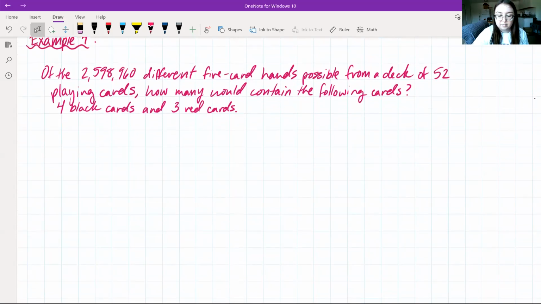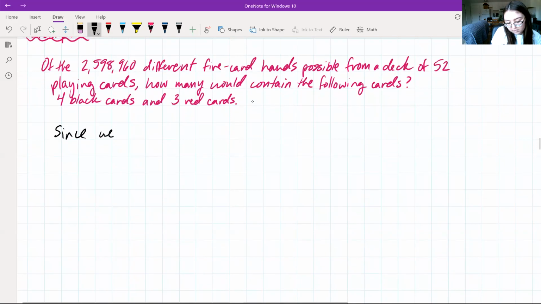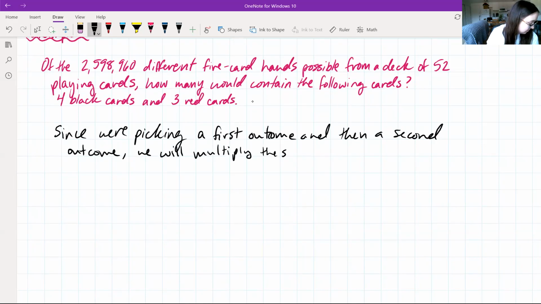So we see here, since we're picking a first outcome and then a second outcome, we will be multiplying these answers together to get the total number of outcomes.